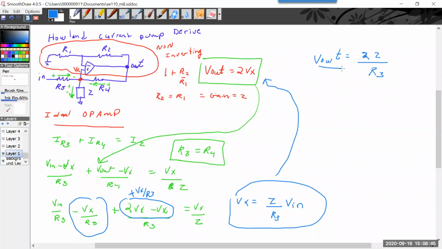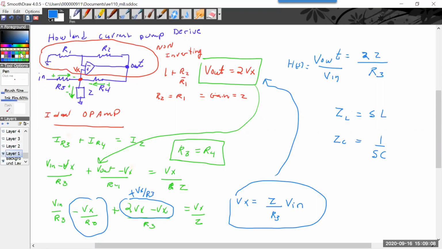And let's put it in terms of a transfer function. All right. Now, ZL equals sL. ZC equals 1 over sC.